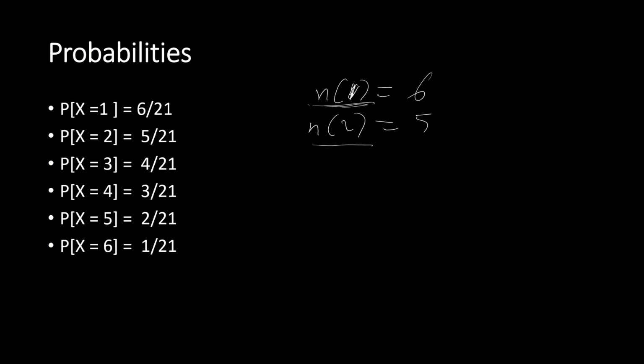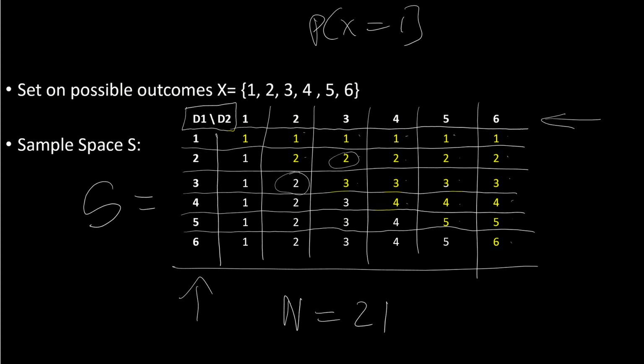So we divide 5 by 21 to get the probability of getting 2. That's how we get these probabilities. It's very easy: you just count how many times a specific element occurs in the table. We are only interested in the yellow numbers, and we don't want repetition.